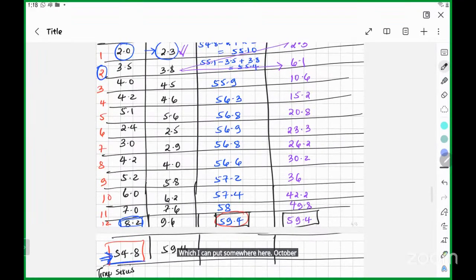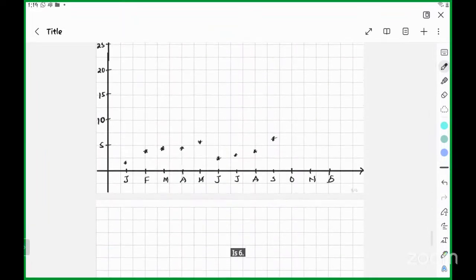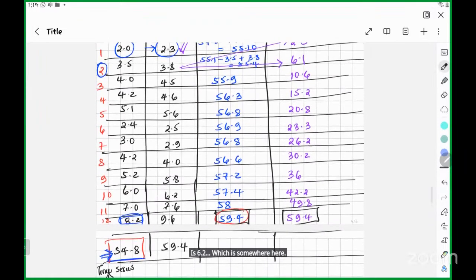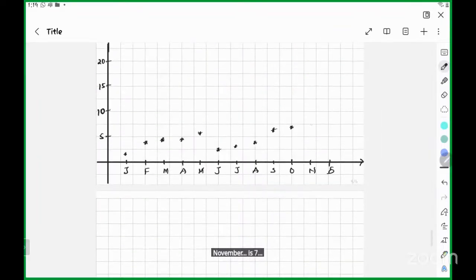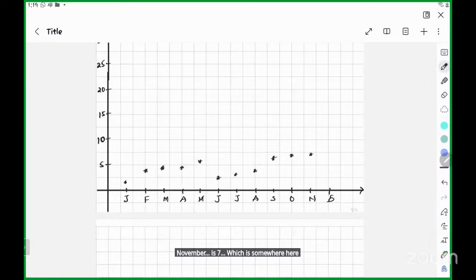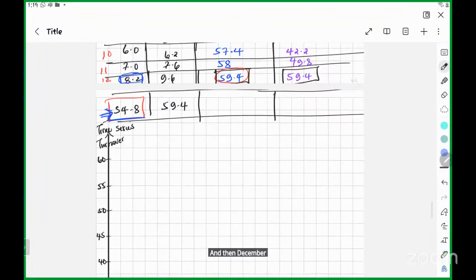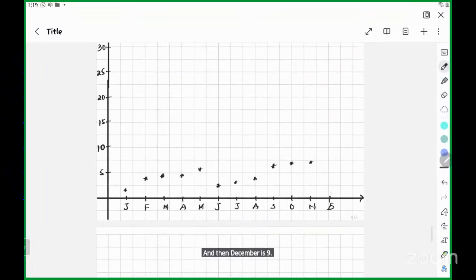October is 6.2, which is somewhere here. November is 7, which is somewhere here still. And then December is 9.6. 9.6, we go all the way.